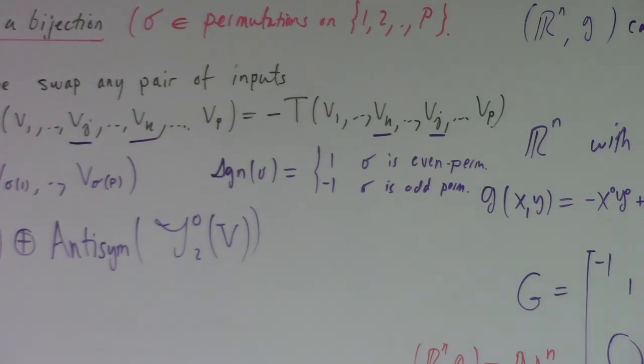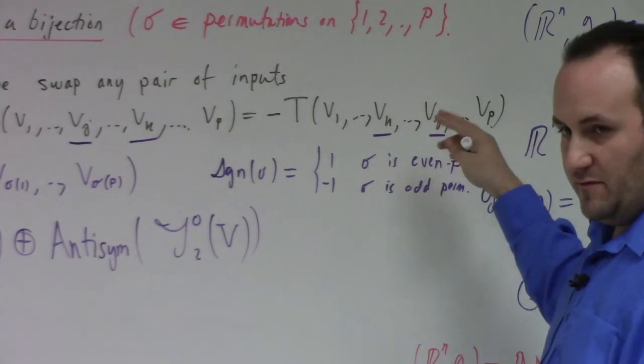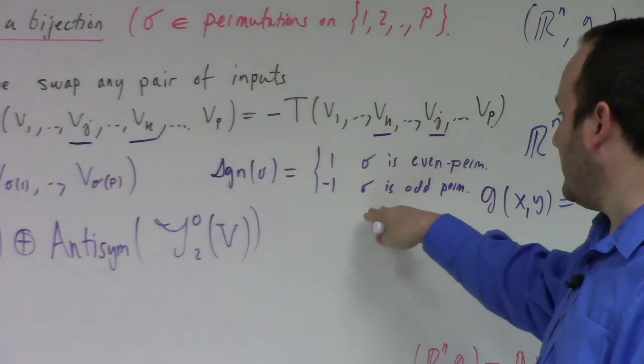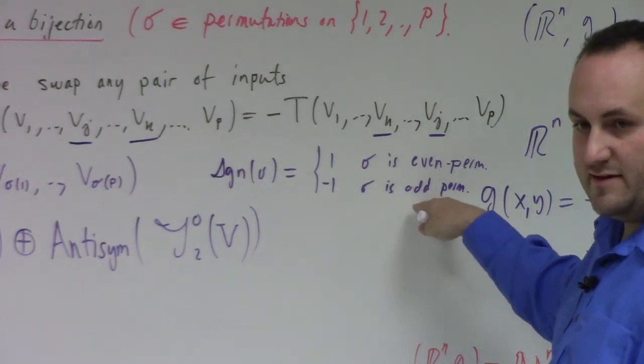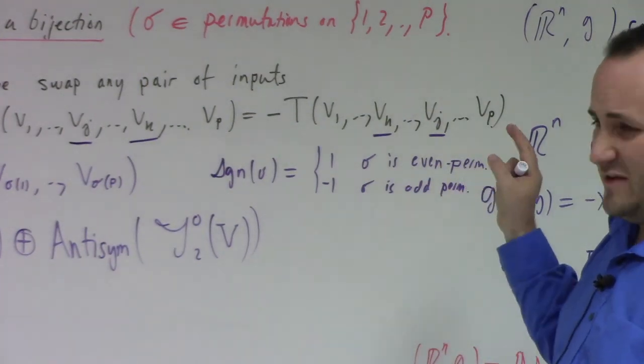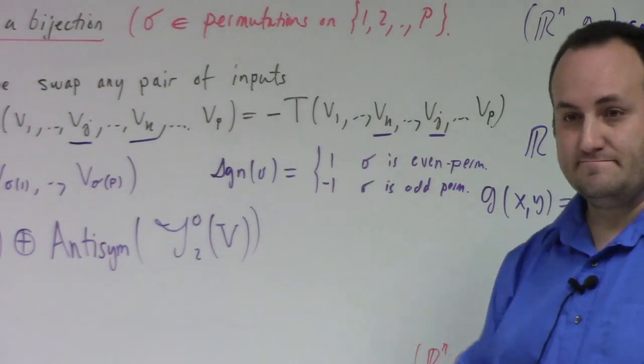It's group theory. It's somewhat technical. I mean, it's not that hard really, but it means that sigma can be written as an even number of what are called transpositions. This one can be written as an odd number of what are called transpositions. Transpositions are permutations which just flip one thing, one pair.